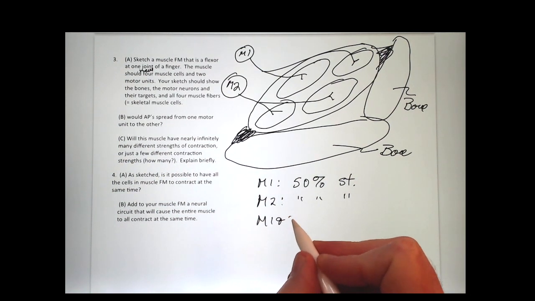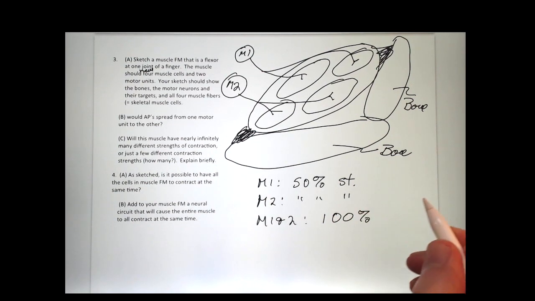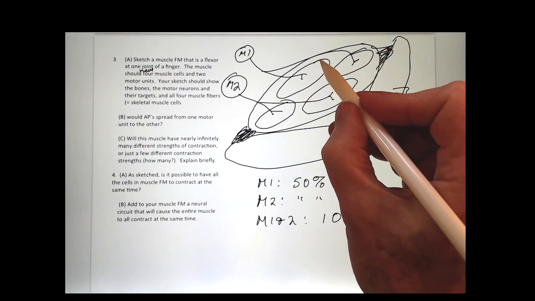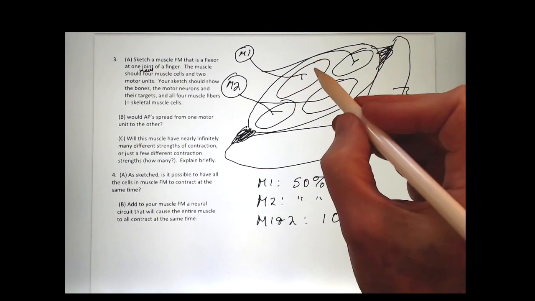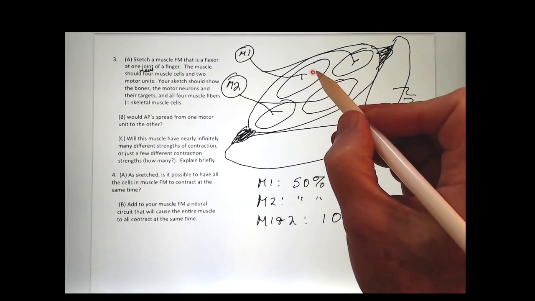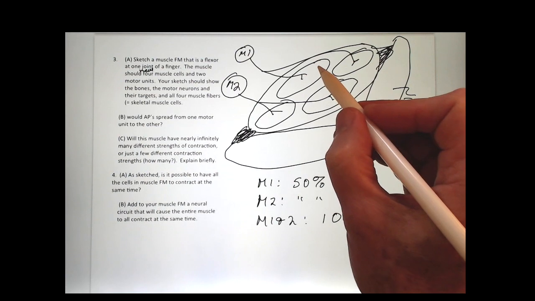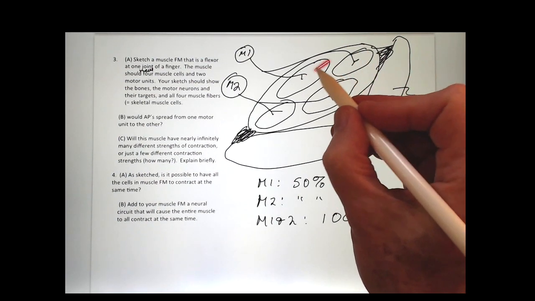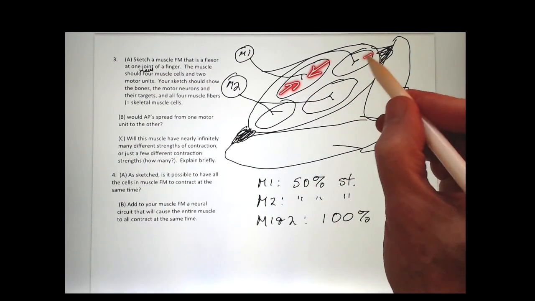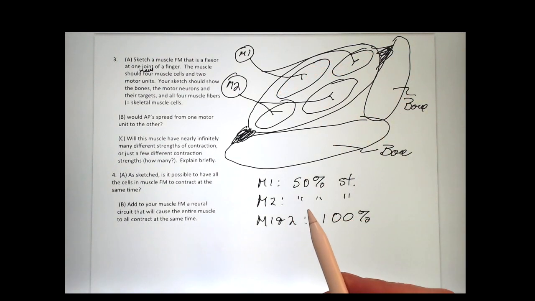M1 and 2, we get full strength. Because each action potential in a skeletal muscle cell is going to, instead of myosin regulated, remember it's actin regulated, release enough calcium into that cell to activate every myosin and actin. We get a full strength contraction, or close to it.